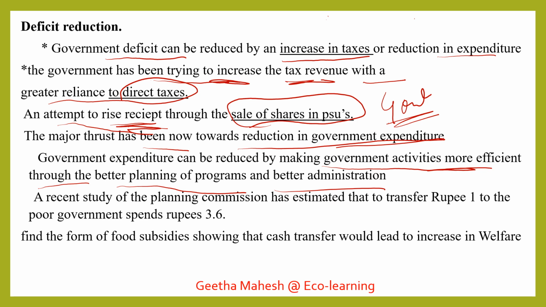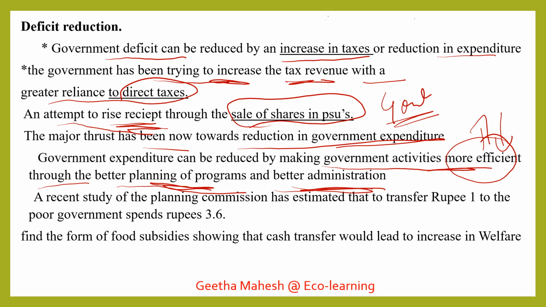When government undertakes its activities, if there is inefficiency, wrong planning and lack of an administrative system, then definitely the cost of conducting government activities will be higher. To avoid that, whenever you implement government activities, proper planning must be there, and you have to do better administration, and automatically the efficiency is going to increase and the cost is going to decrease.